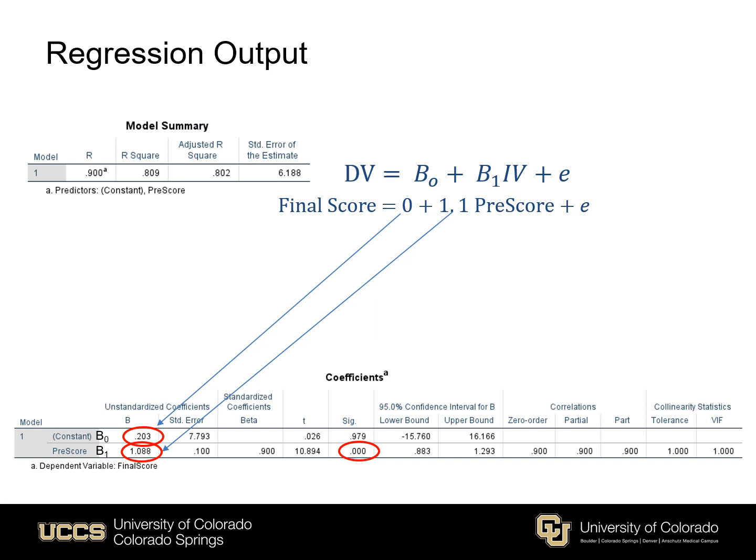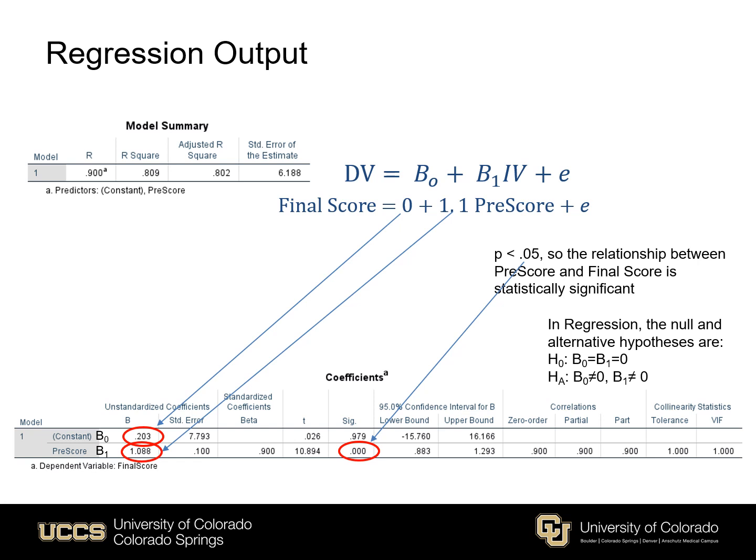The significance column in your coefficients table are essentially your p-values. And by rights, that should be reported as less than 0.001. But be that as it may, this small value for the p-value is certainly less than 0.05, so that is suggesting that the relationship between pre-score and final score is statistically significant.